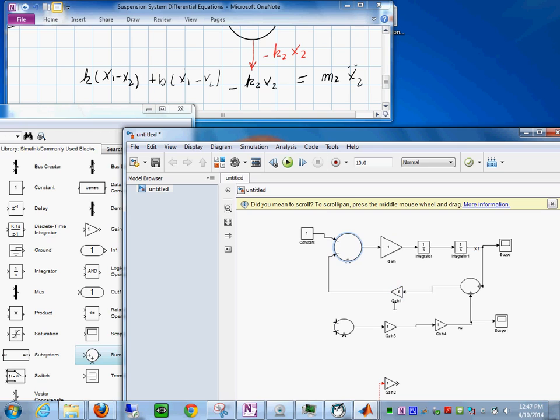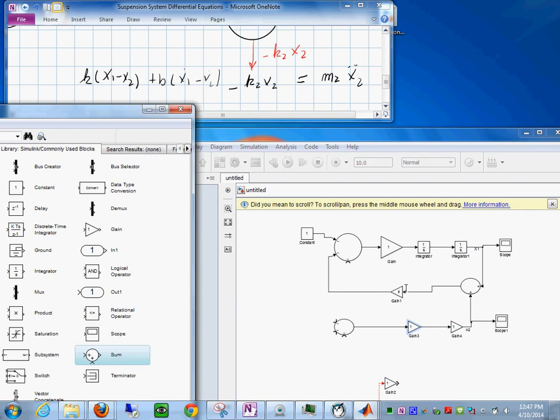And then you have another one, xb1 and x1. Okay, so on the second one, we need to create the difference between the velocities. So we need a summation point over here.